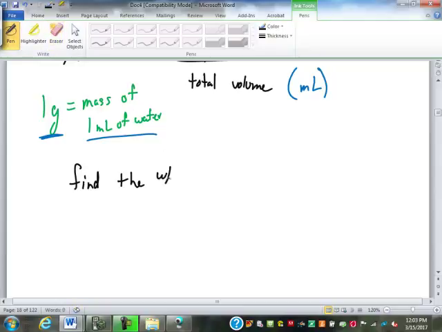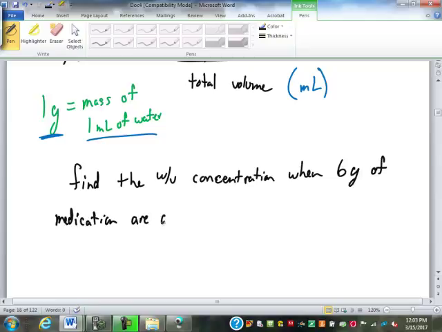Find the weight and volume concentration when 6 grams of medication are dissolved into 300 milliliters of solution.